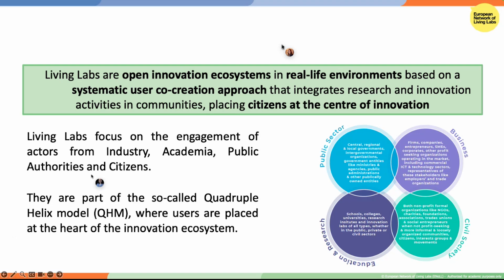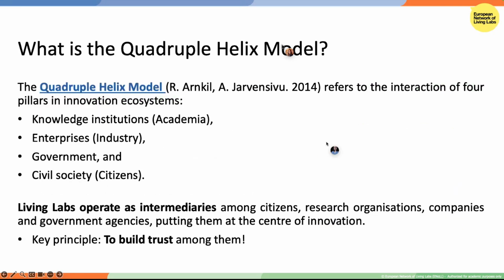But when we talk about the quadruple helix model, what do you think we are talking about? We are talking about a model that includes and interacts with the 4 pillars of all innovation ecosystems that in this case are divided between knowledge institutions, so academia, enterprises, so industry, government, and citizens, so the civil society.